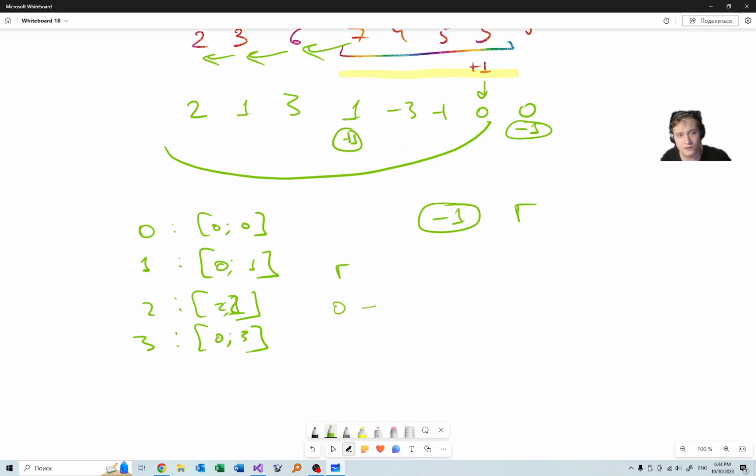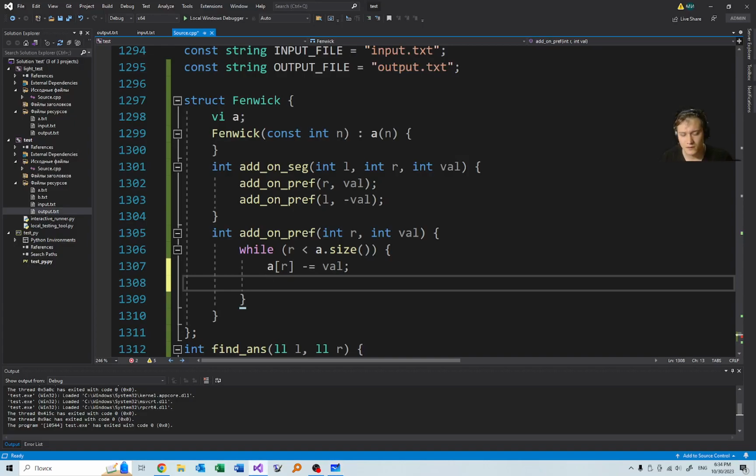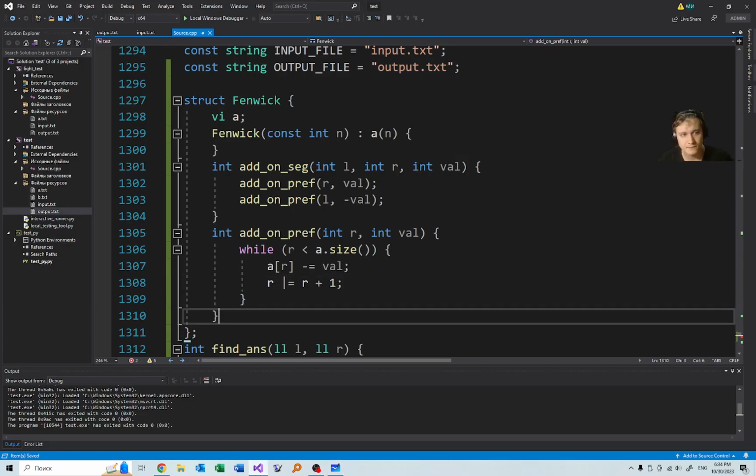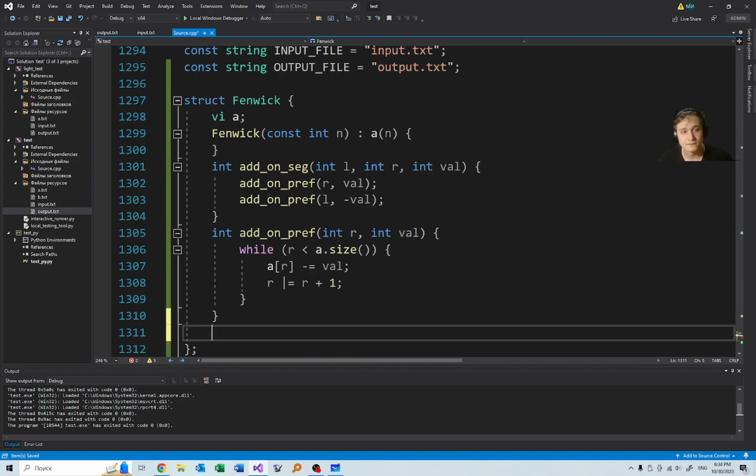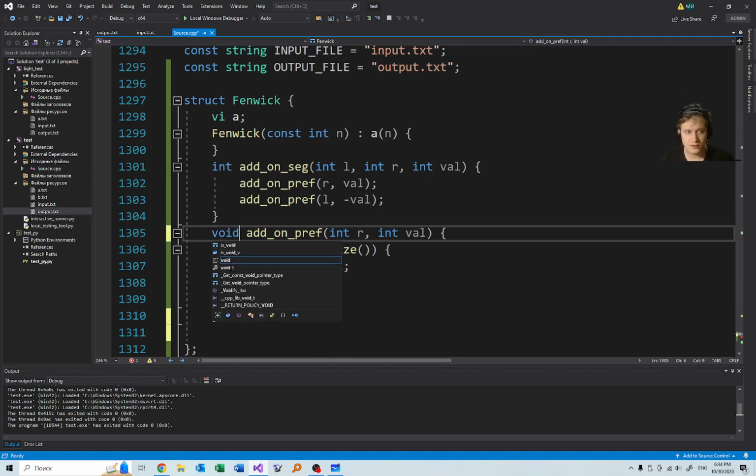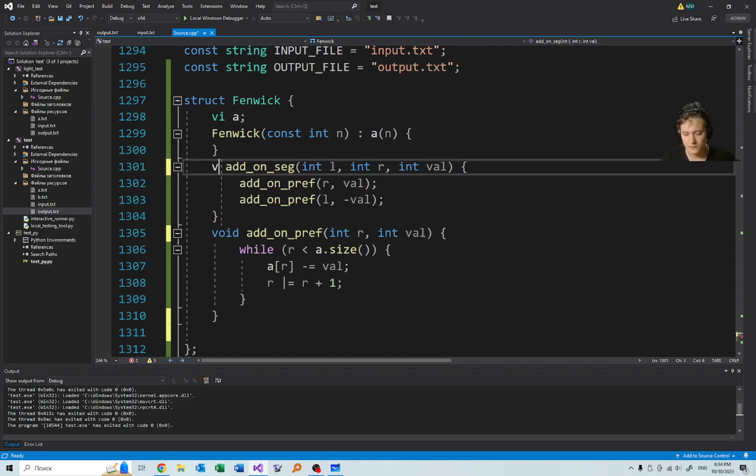So 0 goes to 1, 1 goes to 3. I think it is R or equals R plus 1. It is void.